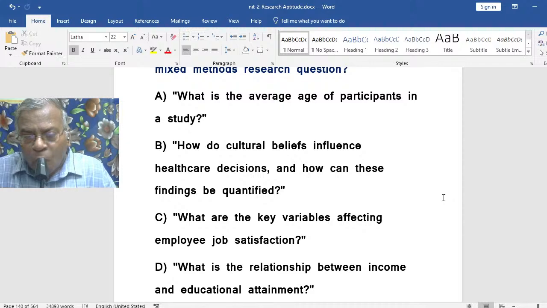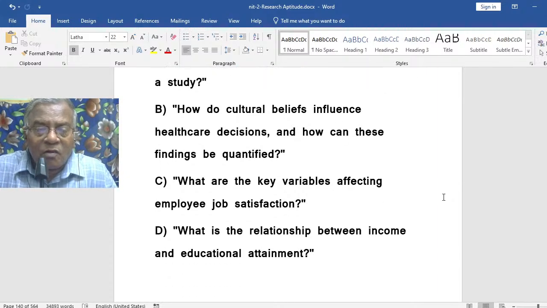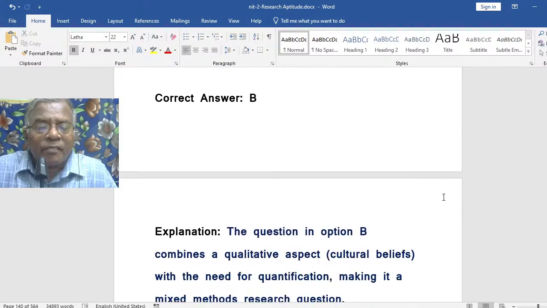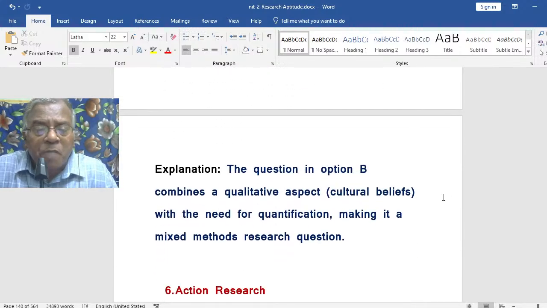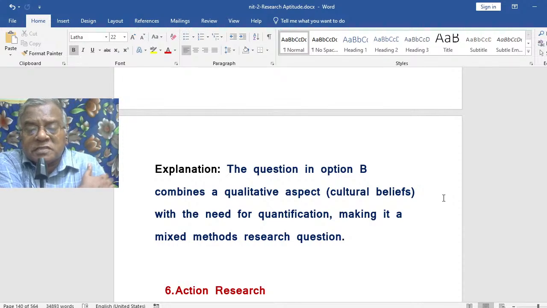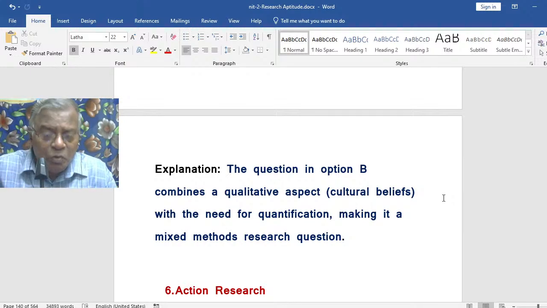That is the quantitative idea. First qualitative data, then quantitative data. The question in option B combines the qualitative aspect, cultural beliefs, with the need for quantification, making it a mixed methods research question. Of course, you understood this, I suppose.